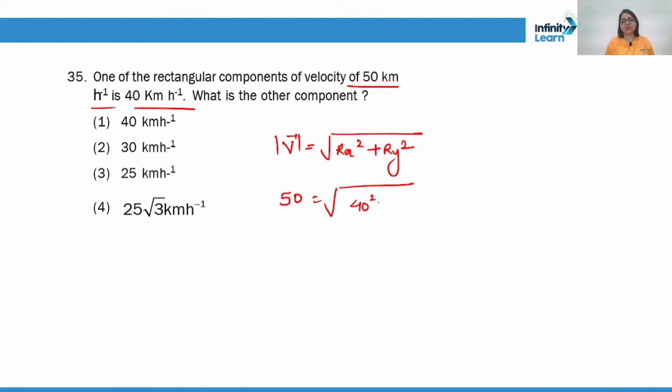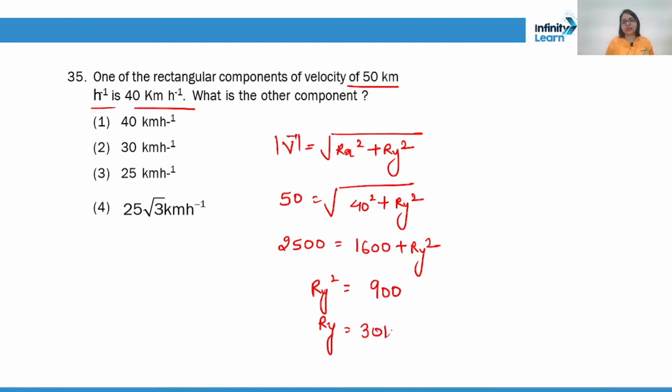So 2500 is equal to 1600 plus ry square, and ry square will be 2500 minus 1600, which is 900. So ry will be the square root of 900, which is 30 kilometer per hour. So the other component is option 2, 30 kilometer per hour.